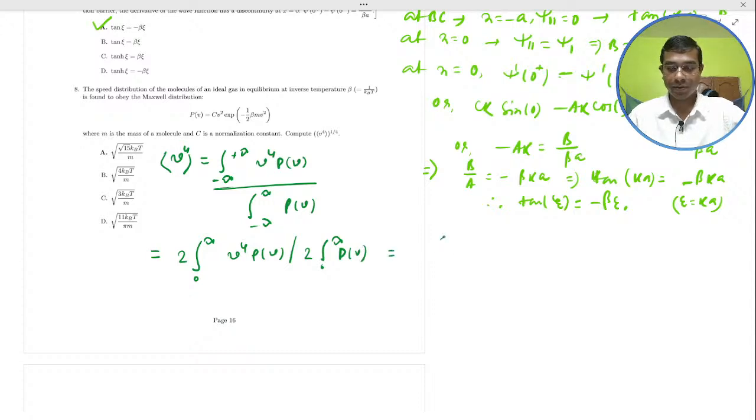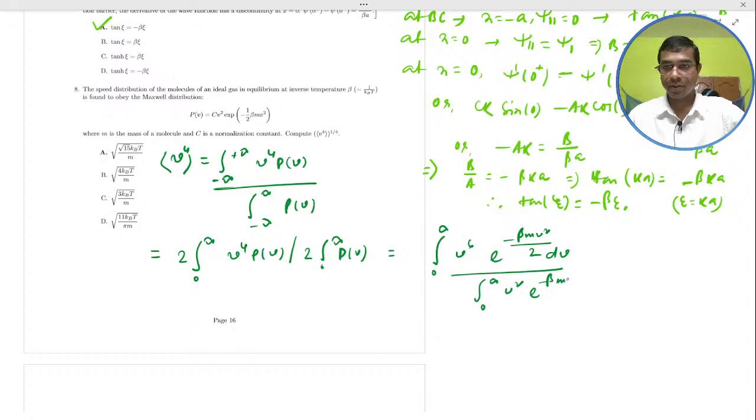This is nothing but integral 0 to infinity v to the power 6 exponential minus beta m v square by 2 dv, divided by the integral 0 to infinity v square e to the power minus beta m v square by 2 dv. This is equation number 1.